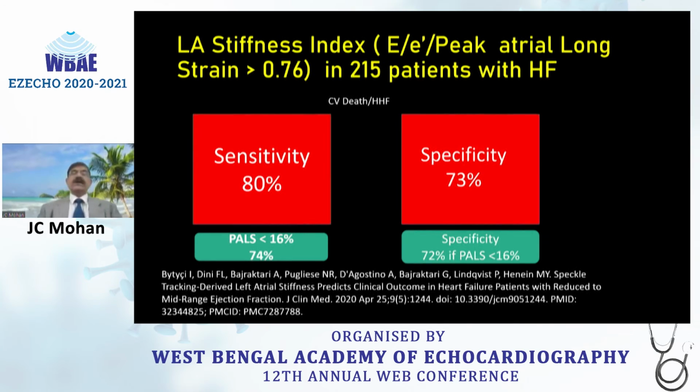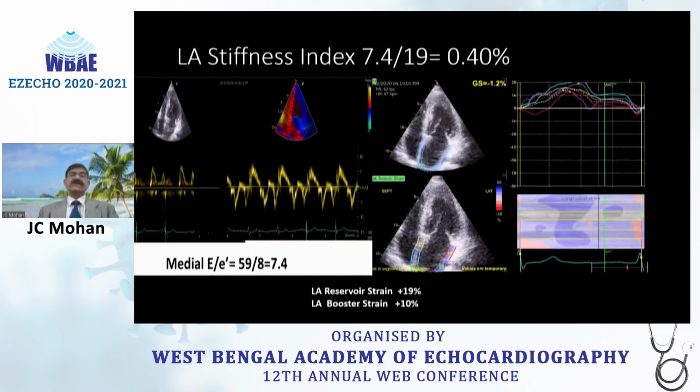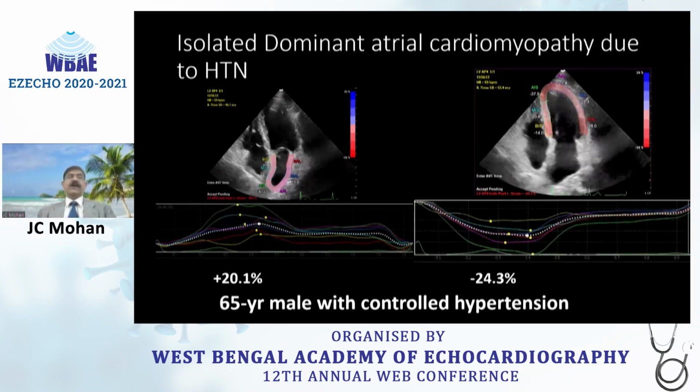Of course, atrial longitudinal reservoir strain alone is also capable of giving that information, but slightly inferior to this left atrial stiffness index. Here is an example of a 65-year-old gentleman with hypertension and dyspnea. Left atrial reservoir strain is 19%, and E to E prime is 7.4. So the left atrial stiffness index is 0.4. Obviously, this patient would have a good prognosis.